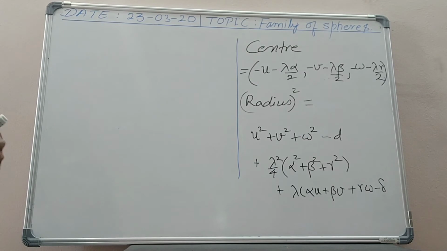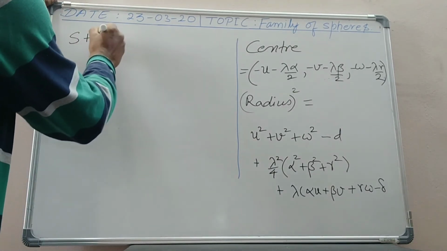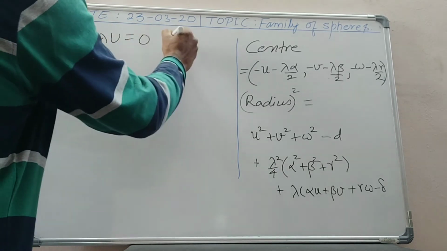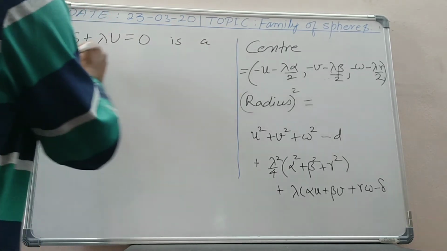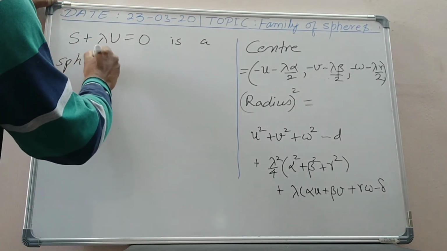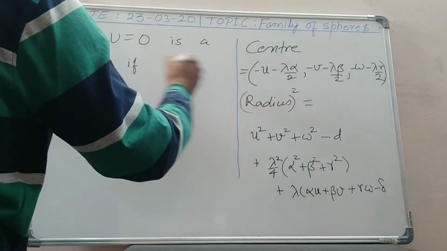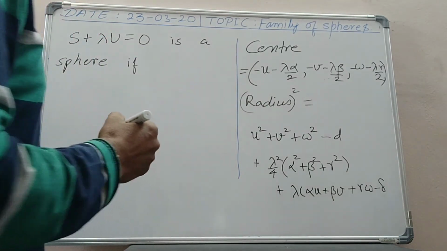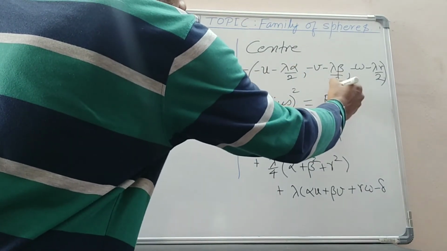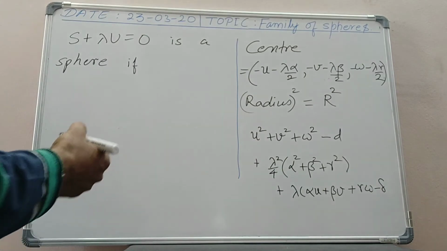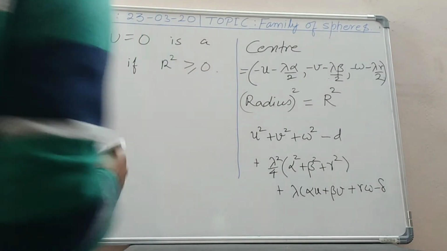S plus lambda u equal to 0 is a sphere if radius squared, let me call the radius capital R, if R square is greater than or equal to 0.